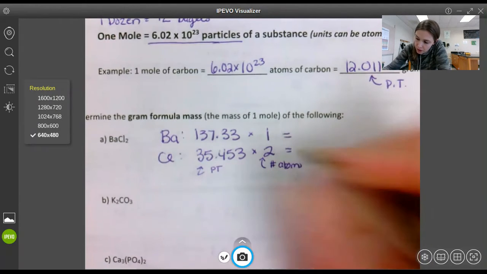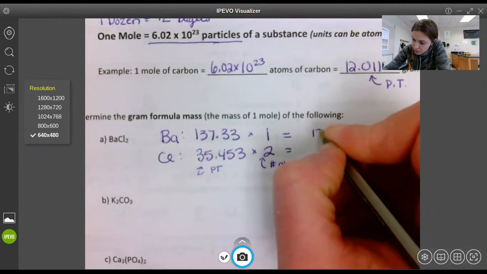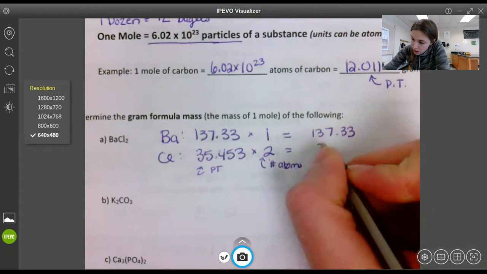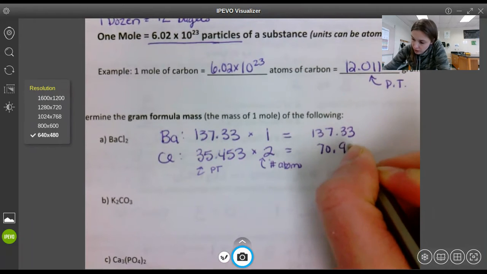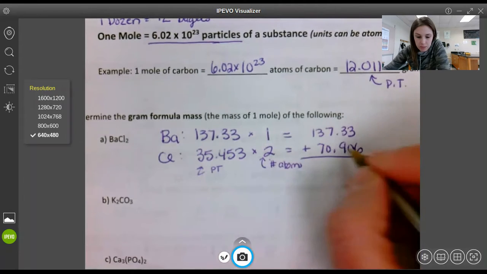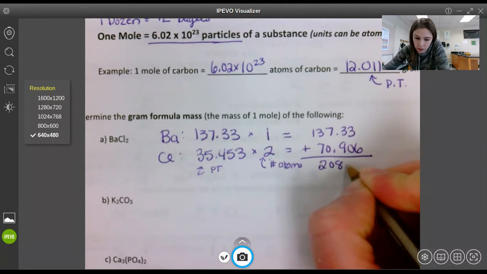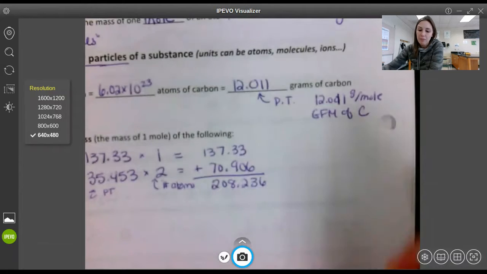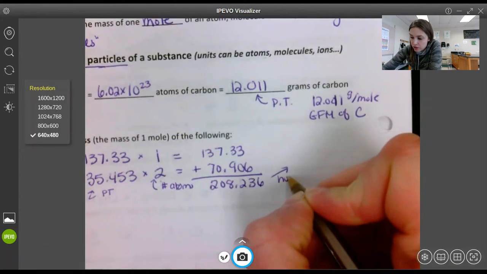I'm going to just multiply those together. So this is going to end up being 137.33. I'm going to multiply this by 2, and I get 70.906. When I get those, I'm just going to take the sum of them, add them together to get 208.236. At that point, I usually am going to round it to the 100th spot.